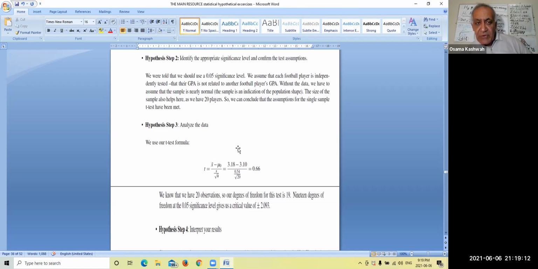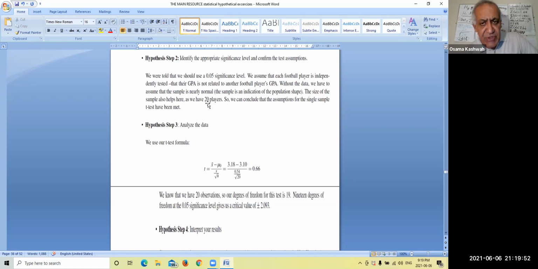He wanted to check the relationship between the GPA of the football players, how their performance in the GPA looks because they are playing football. We assume that the sample is nearly normal. The sample is an indication of the population shape. The size of the sample also helps here, as we took 20 players, so n here is less than 30.